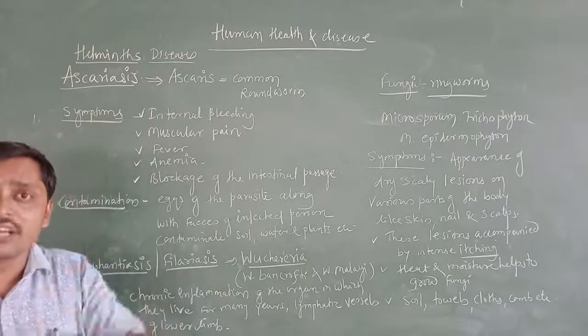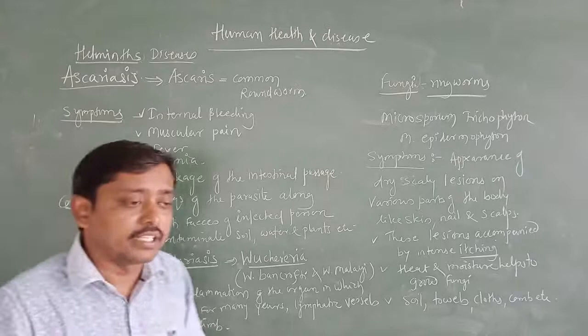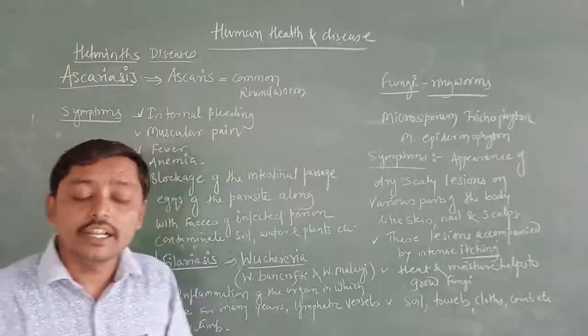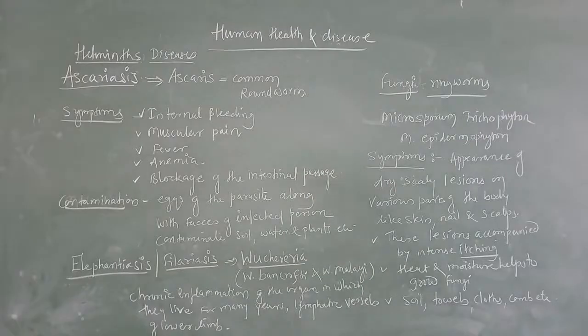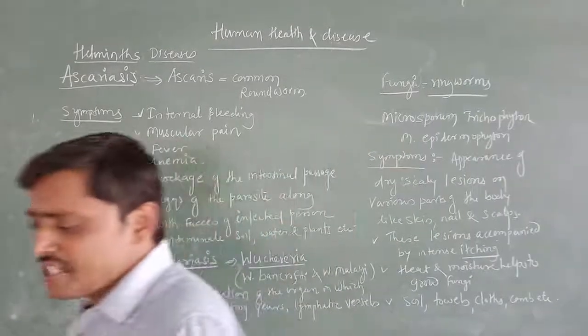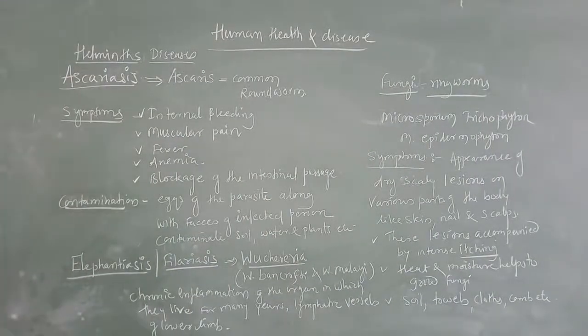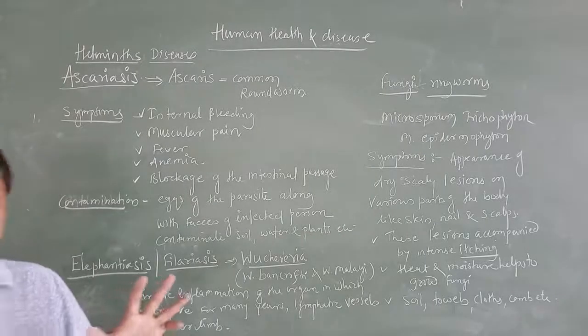Now the next point we are going to study is prevention and control. How are we going to prevent these diseases, or how are we going to control these diseases? In prevention and control measures, I am going to discuss the points only.